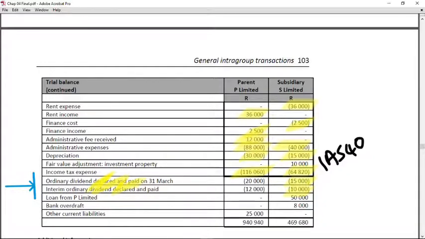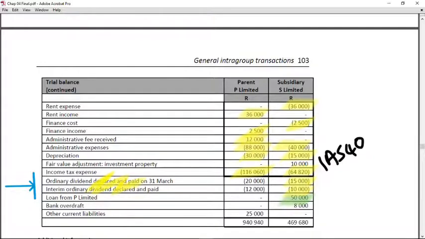But the moment you have the dividend declared, there's already the intragroup transaction recorded by both companies. And we've earlier said there was that intragroup loan we're expecting. And here you now see the other leg of that entry, the loan from the parent for 50,000 Rand.